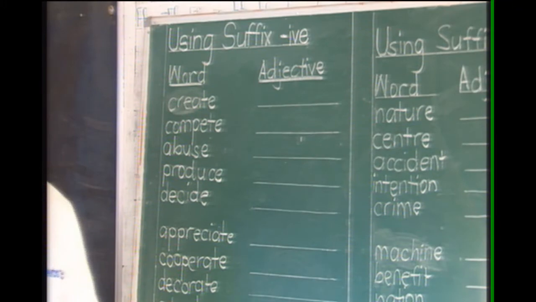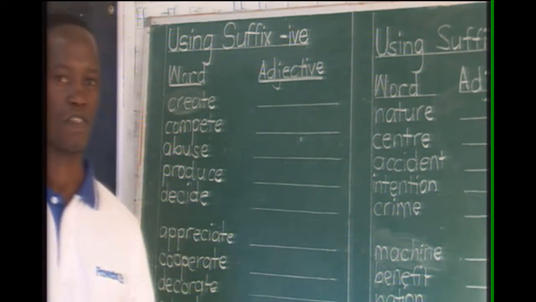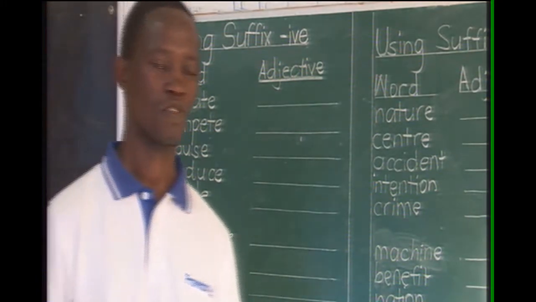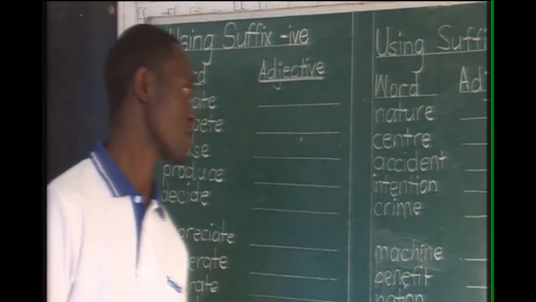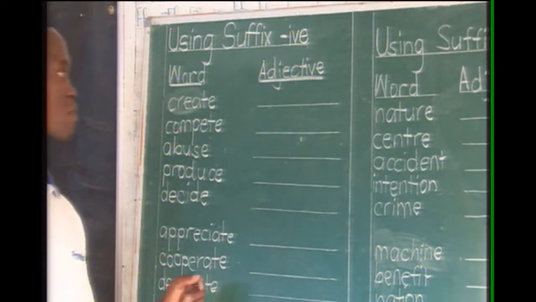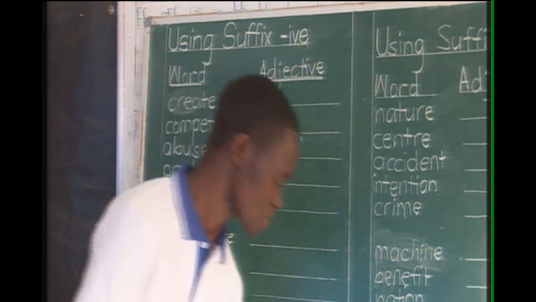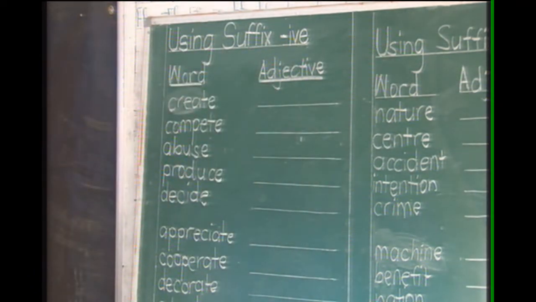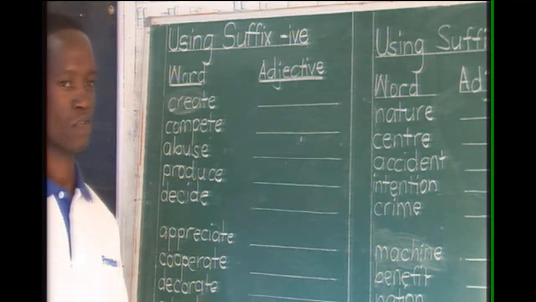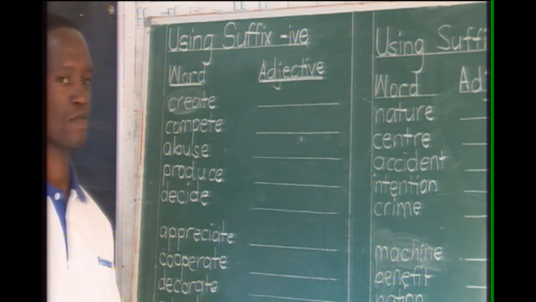We again defined the suffix in that previous lesson. It's not a word, it's a letter or group of letters added to the end of a word to change its meaning. I repeat, a suffix is a letter or group of letters added to the end of a word to change its meaning. Different words have different suffixes that are added to them to change their meanings, in other words, to form adjectives.